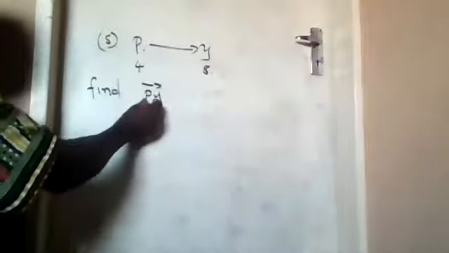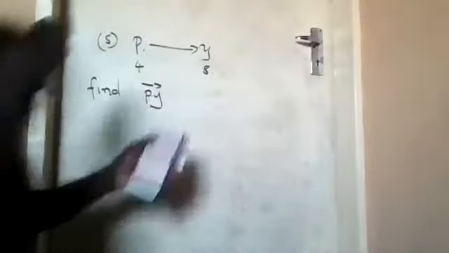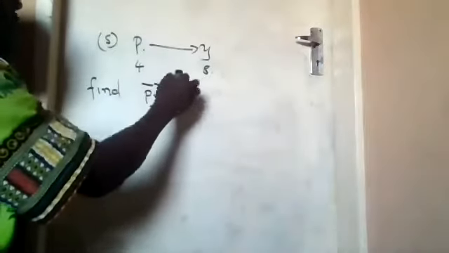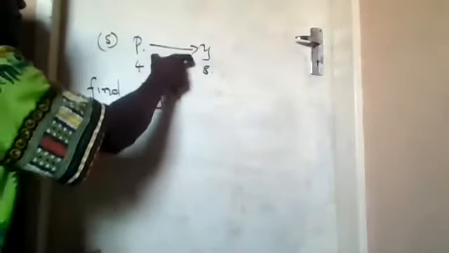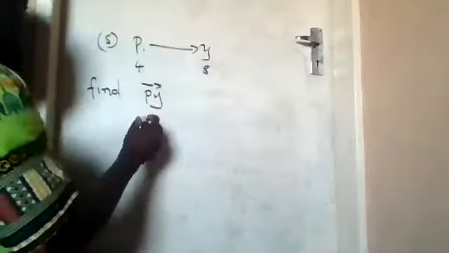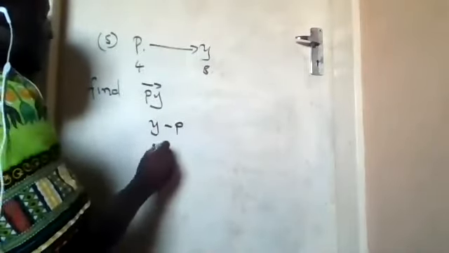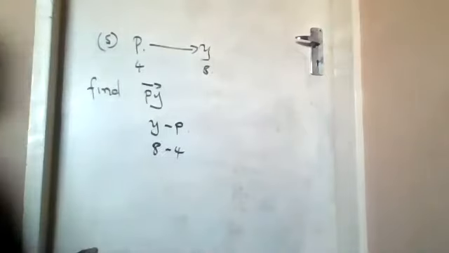They are supposed to have the size, the magnitude, as well as the direction in which it's going. So finding the size of this line from P going to Y, you're going to say Y minus P, which is 8 minus 4. That is what it means.